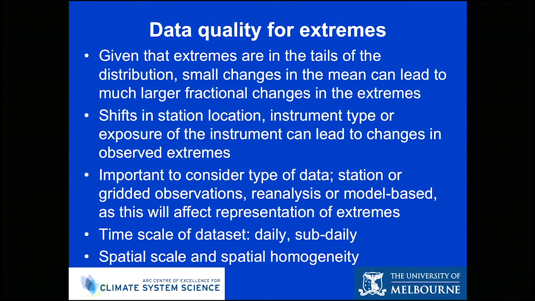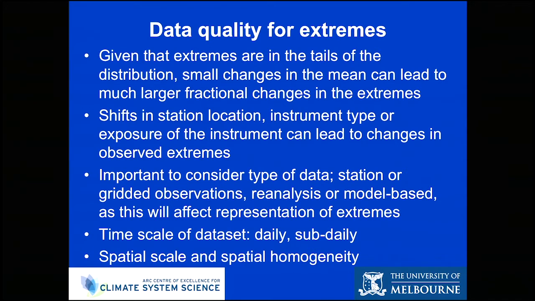So I think I talked about most of what's on this slide already. Small changes in the mean can have much larger fractional changes in the extremes and will have much larger impacts for time averages or spatial averages. It's unlikely for spatial averages that you're going to have as much of a data quality issue.